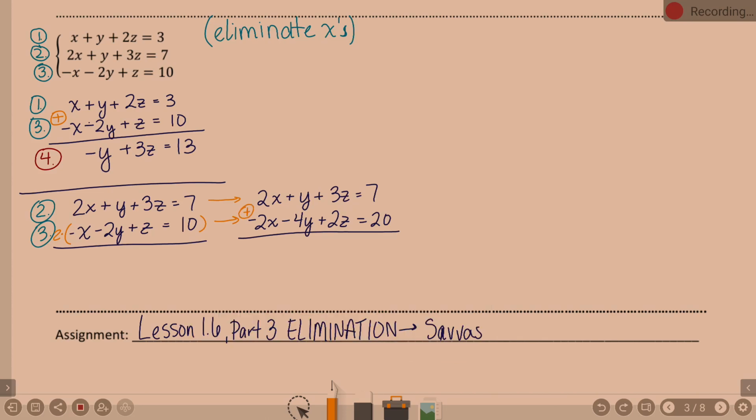Okay. I have a positive 2x and negative 2x, so we are ready to add the two equations. What is 2x plus negative 2x? Cancels. Y plus negative 4y. Negative 3y. 3z plus 2z. 5z. 7 plus 20. 27.